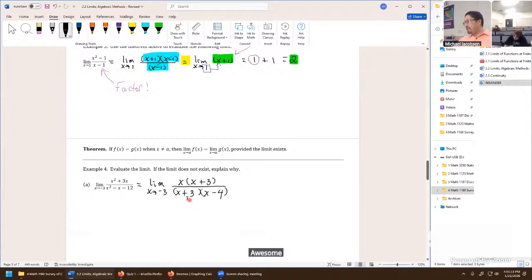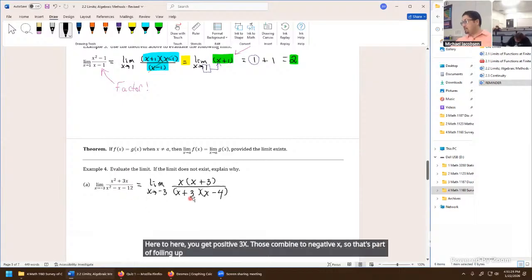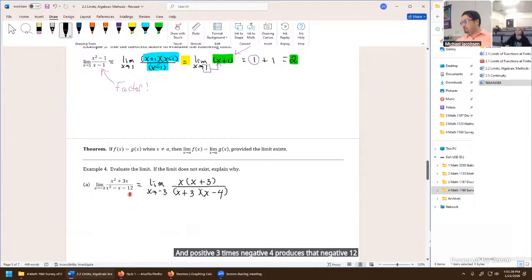Awesome. The fast check is if you multiply here to here, you get -4x. Here to here, you get positive 3x. Those combine to -x, so that's part of foiling out the whole answer. And positive 3 times -4 produces that -12. So we have a factorization.